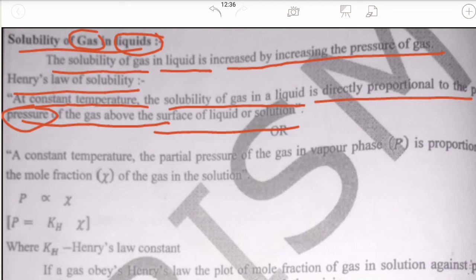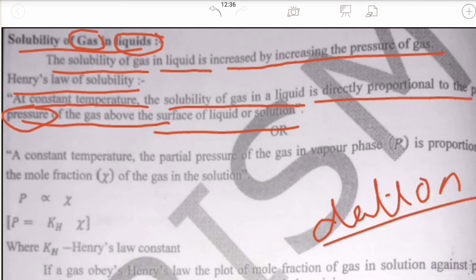We know that Dalton was the person who studied the partial pressure of gases. He said that the solubility of a gas in a liquid solution is a function of the partial pressure of the gas. So when Dalton made this statement, Henry also used it in his law.